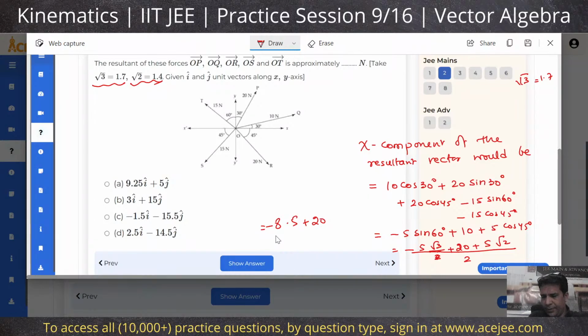Yes, that is true, beta. Since I have started like this, so let me just finish it off. The 27 minus 8.5, that'll be 19.5. 18. Sorry, 18.5. 18.